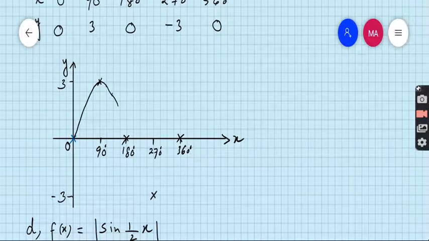Your curve must be very smooth. Now draw a dotted curve for those points which are below the x-axis, and reflect this part. So this is 270, minus 3, this should be 270, 3.